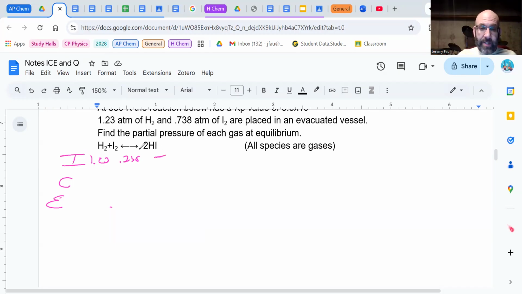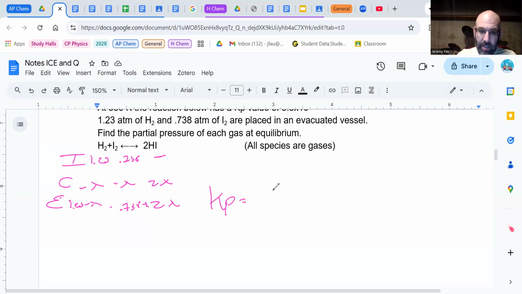And then it says find the partial pressure of each gas at equilibrium. So it doesn't give us really anything. So this is minus x, this is minus x, this is 2x. And if we add this up at equilibrium, this would be 2x, and then we don't know what x is. So this would be 1.23 minus x, and this would be 0.738 minus x.